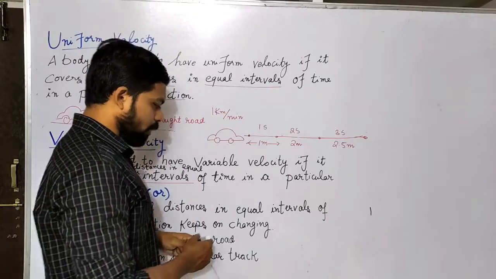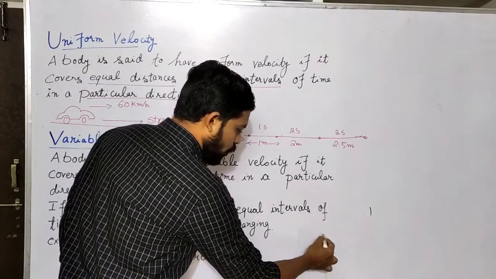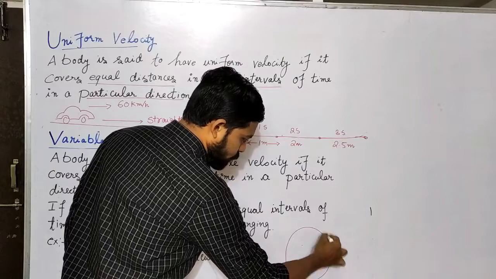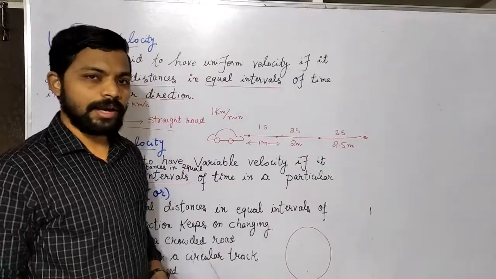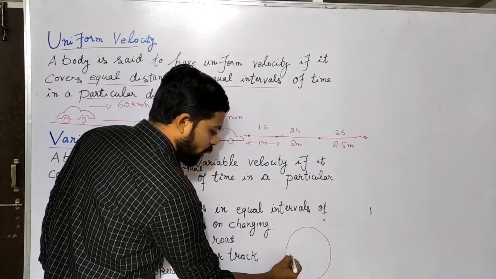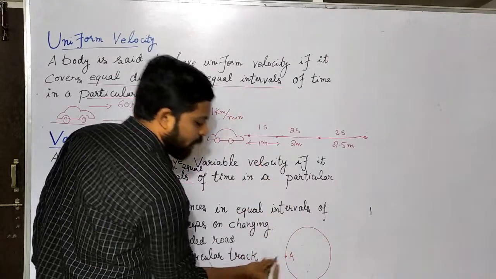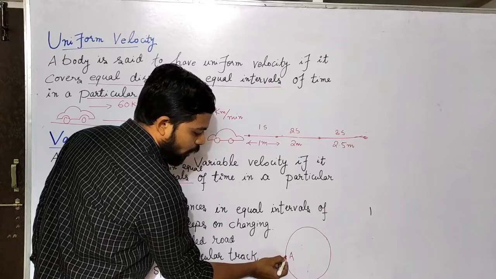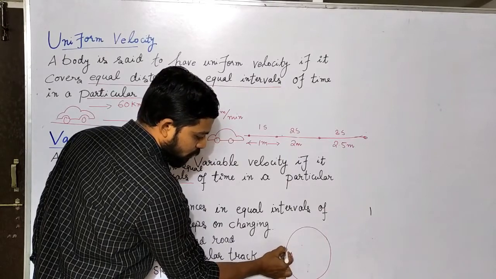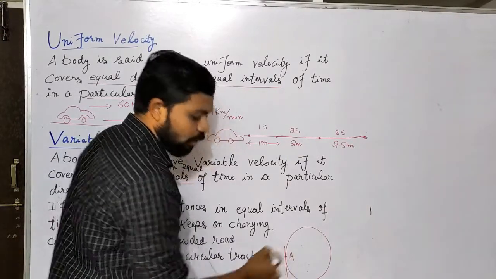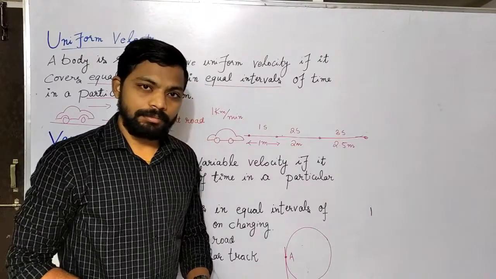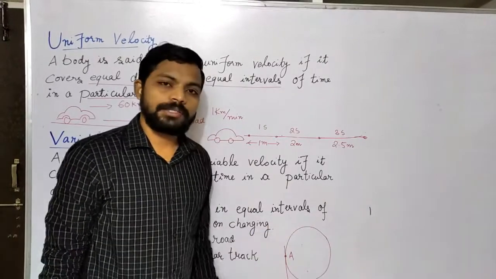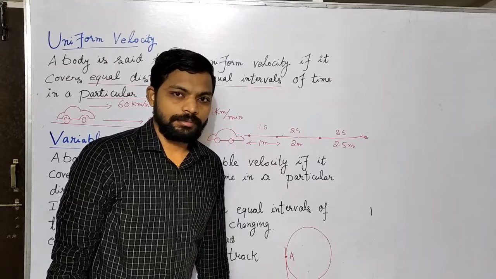For example, a person is running on a circular track. Now this becomes a circular track. Let us say he is at point A, and he is heading in this way. At this point the direction will be tangential. In maths you have learned that a tangent is the line passing through a single point on the circle.